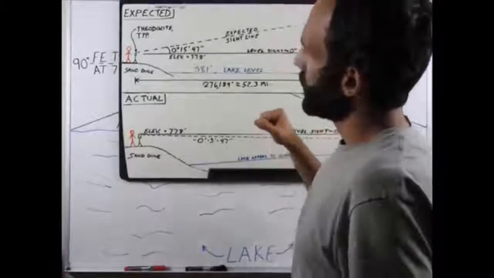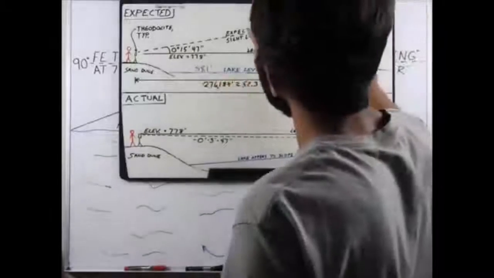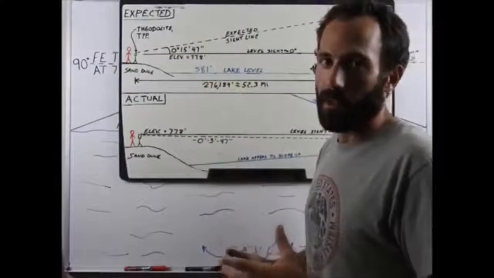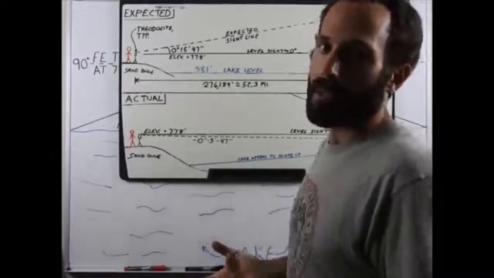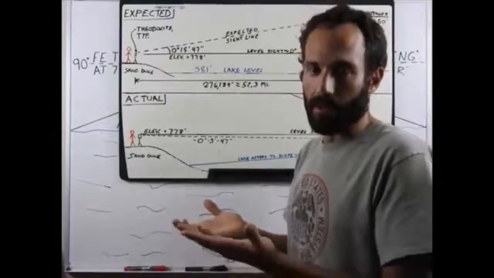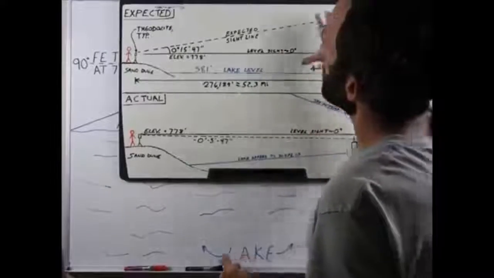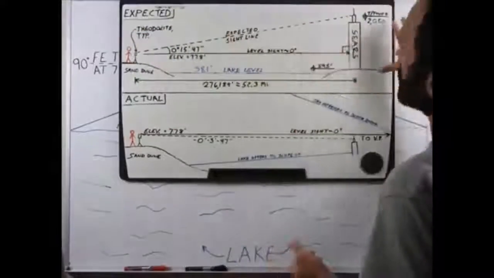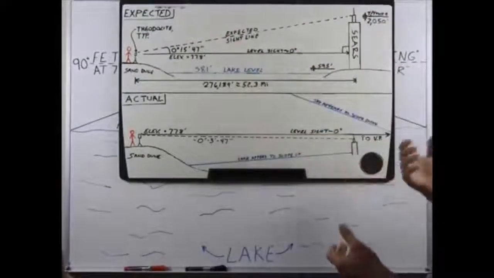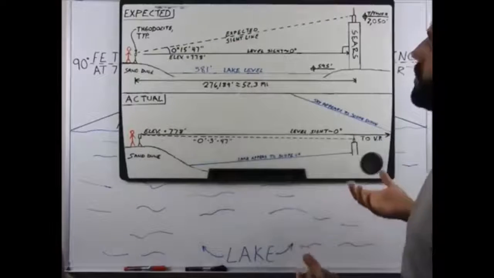If we assume, without the sloping effects of perspective on a flat surface of the Earth, this expected drawing up here is what you would think you would see.